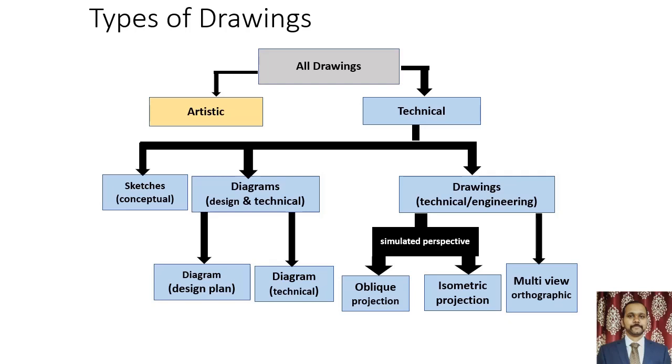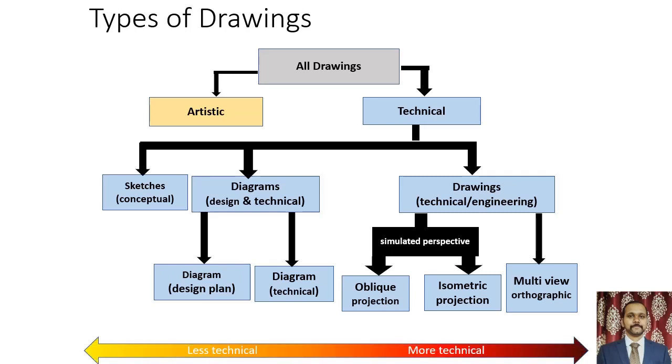So we are going to concentrate basically on these two types of drawing. And if you talk about technicality, on the left-hand side of this classification, it is the less technical kind of thing.